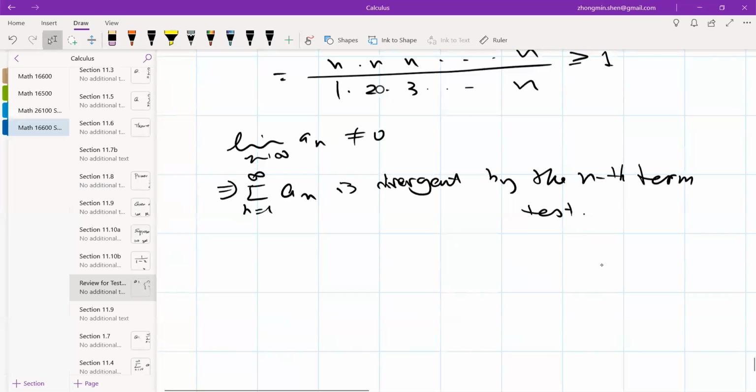Ratio tests and root tests are very useful for power series, to find the radius of convergence. Right, so let's take a look at the next problem.